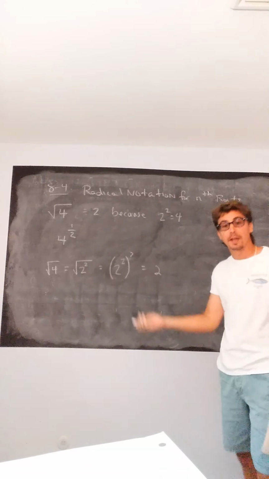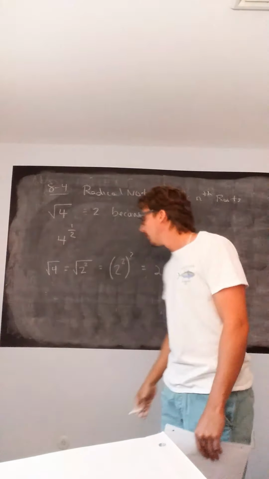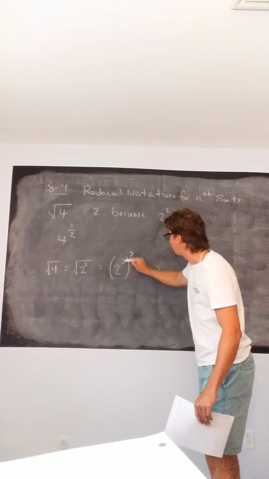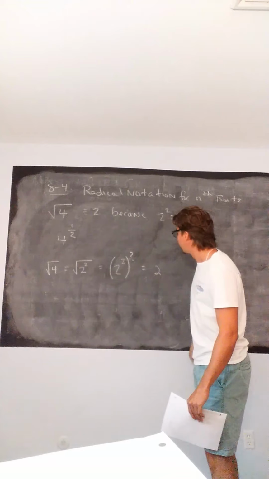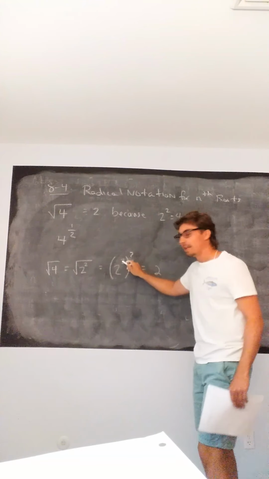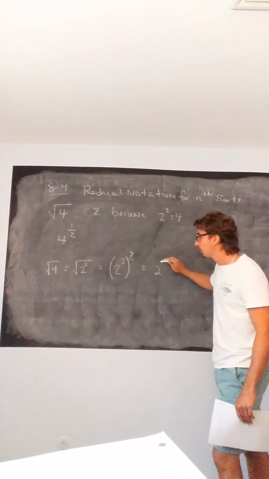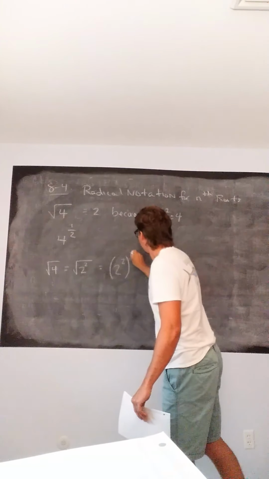Because we know the square root of 4 is 2, right? So the question is, what is this question mark going to be? 2 squared to what power is going to give me just 2? Well, it has to be 2 times what number will essentially give you a 1 or clear that exponent. And that answer is 1/2.